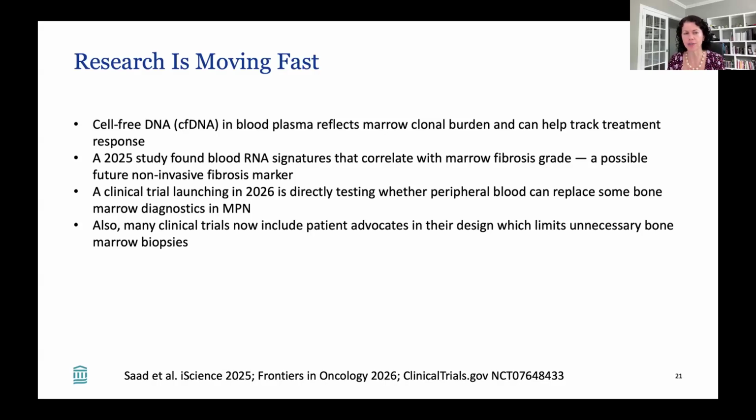So there are lots of different trials, like I said, trying to understand these different tools, and I'm hopeful that in the future, we may not have to do bone marrow biopsies as much.